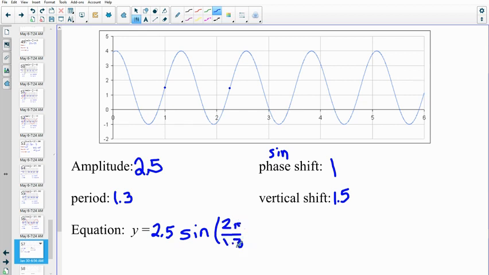And I'm not a big fan of decimals inside of fractions, but if I want a numerical value, I could plug that in there. x minus my phase shift, x minus 1 is going to move it to the right by 1 spot. And then finally, vertical shift of 1.5. I tack on the 1.5, and that will move it up. I would suggest that you practice a little bit with this.